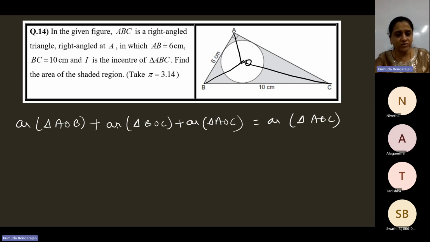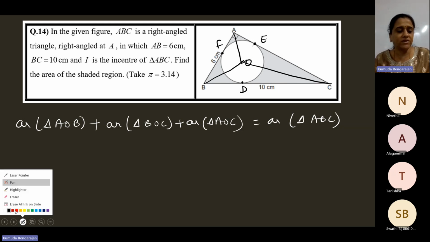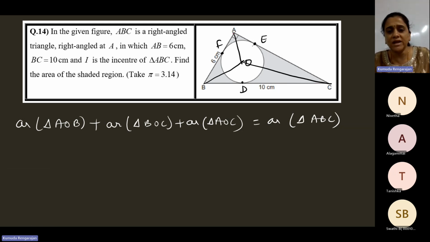Now to find the areas of these triangles, we need altitudes. For area of triangle AOB, you want altitude. That's why you mark off the points of contact D, E, F, because you're going to use the formula half base into height. For every triangle, we know the base. For triangle AOB, AB is the base.